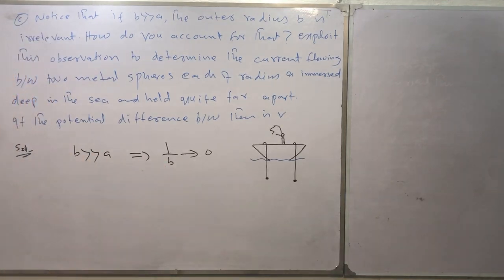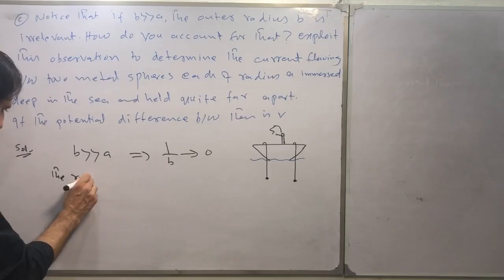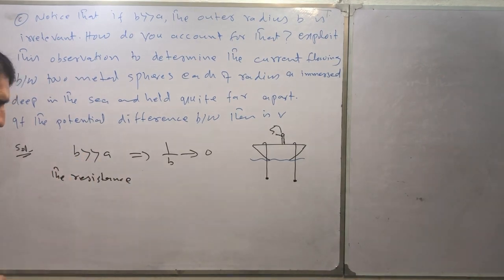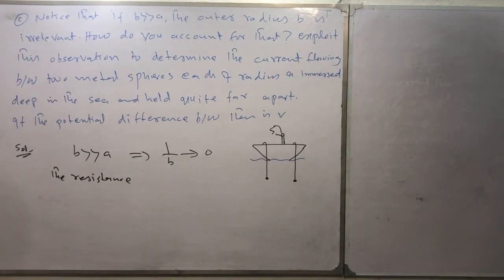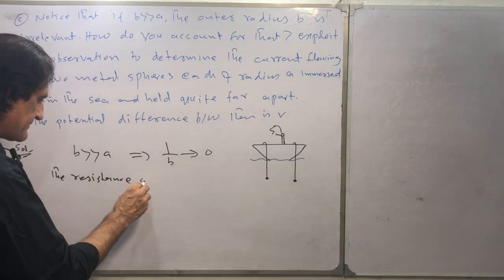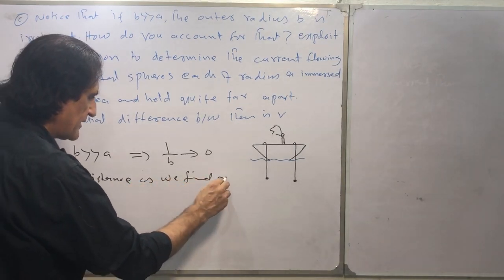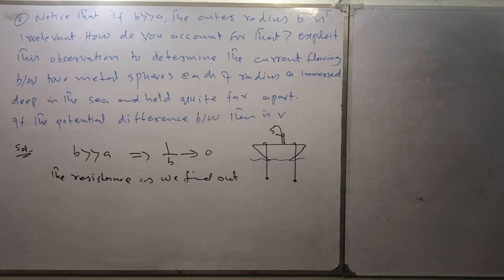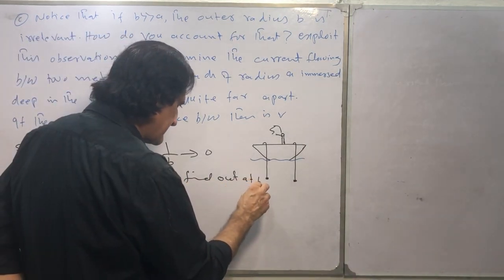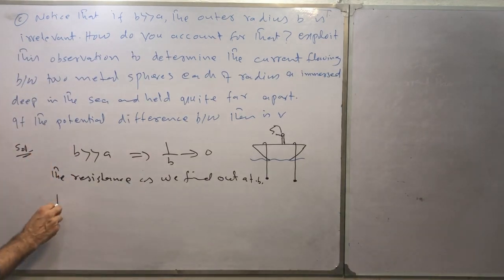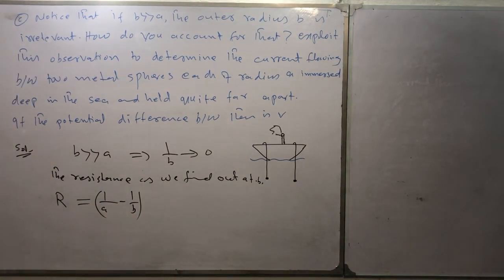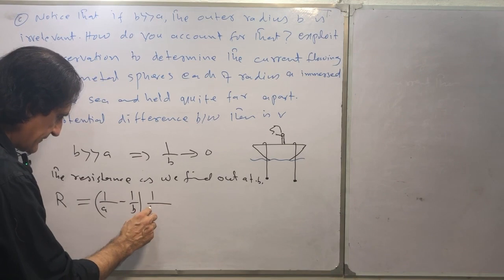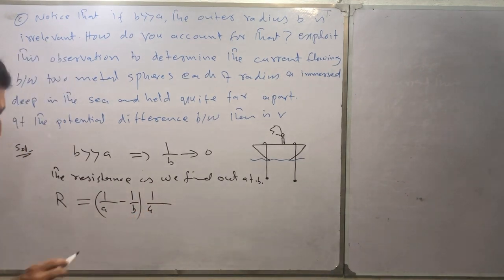Previously we calculated the resistance with 1 over A minus 1 over B, divided by 4 pi sigma.